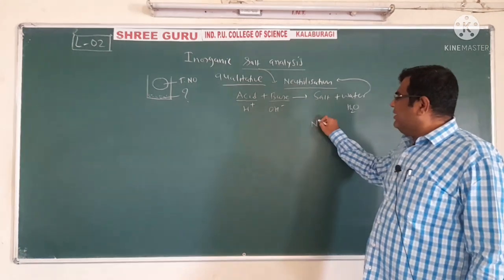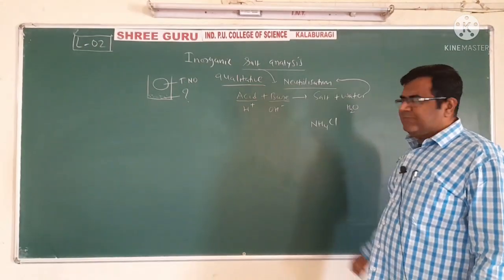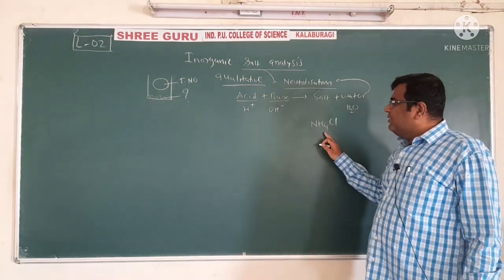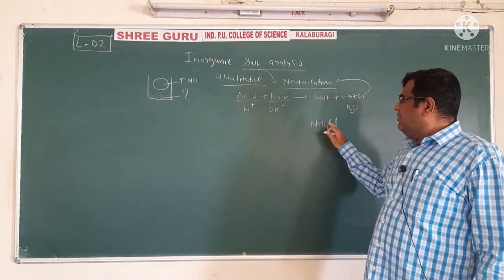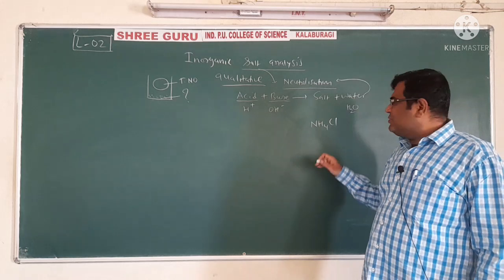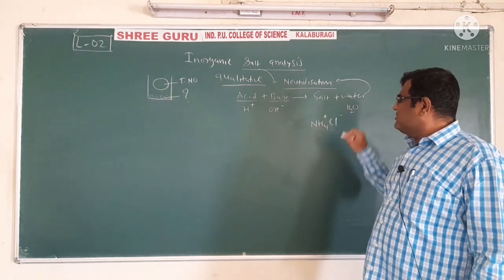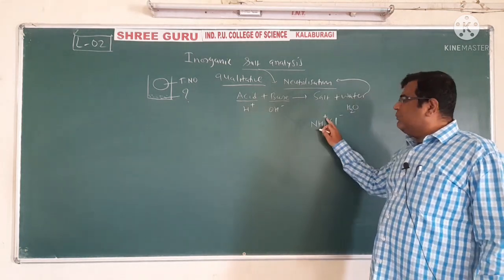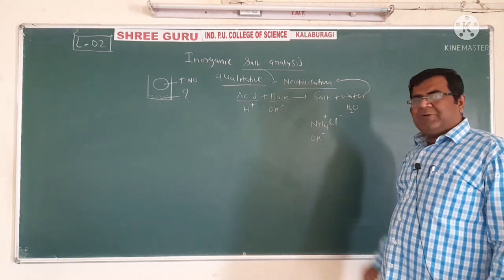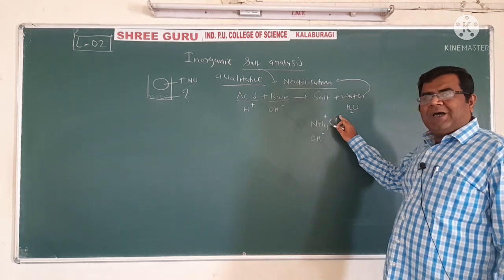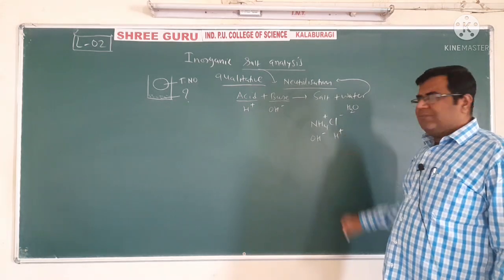For example, if you take ammonium chloride, one of the salts, it is made up of one acid and one base. How to identify which acid and which base? This is the positive part, this is the negative part. In the positive part, add the OH- ion, and in the negative part, add the H+ ion.